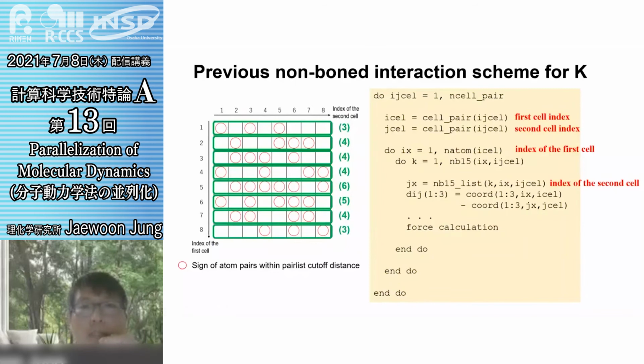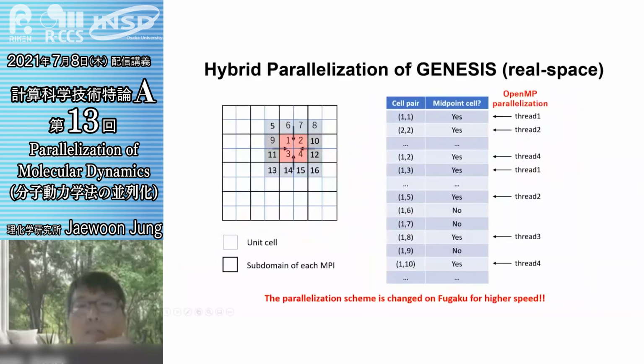So let's see. This one is just a simple pseudocode. We make all cell pair list. And for each cell pair, we define the first cell index and second cell index. So in the previous example, if the cell pair is 1, 2, then the first cell might be 1 and second cell might be 2.